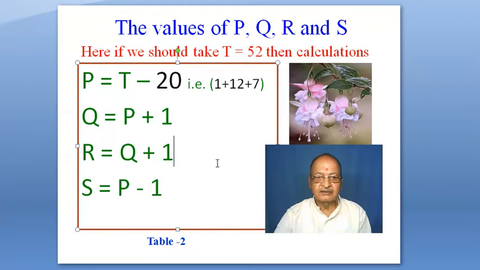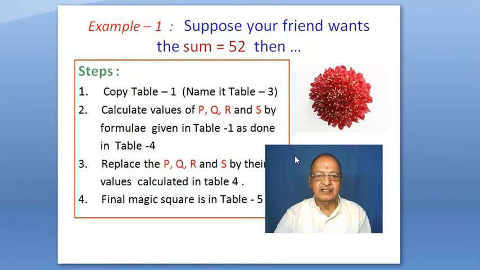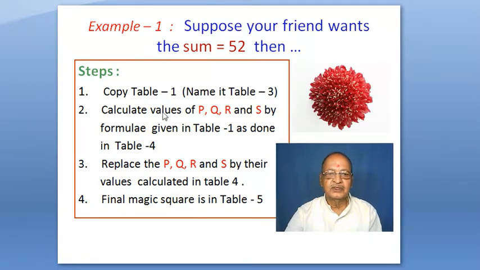So again the calculation is: we calculate the values of PQRS from the formula given above, and then replace PQRS by their values calculated in the previous table, and the final magic square, table 5, will be obtained.